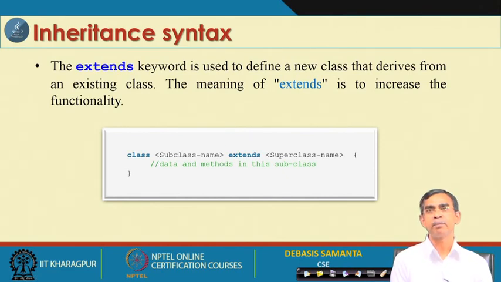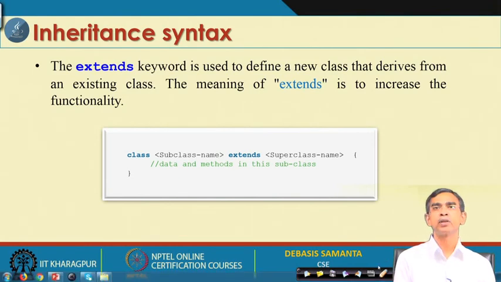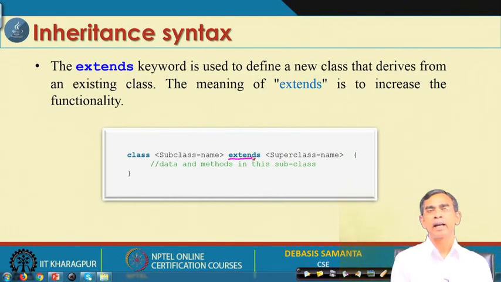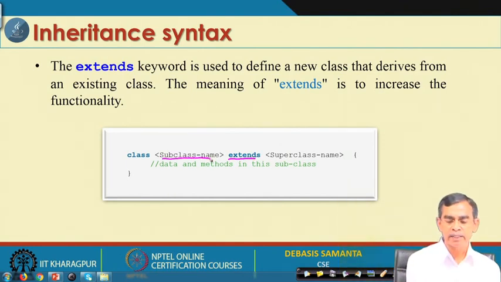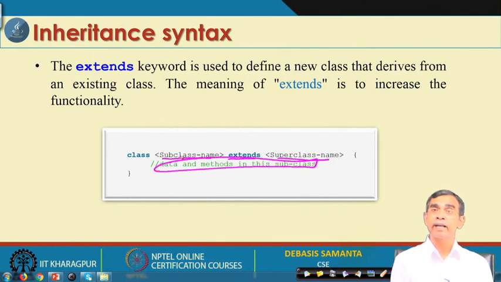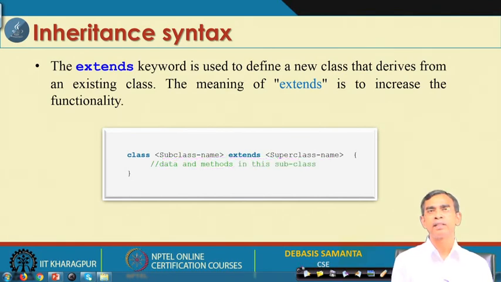There is a syntax in Java: inheritance is possible by means of one keyword called extends. Here is the name of the subclass which you want to create, and this is the name of the superclass from where you inherit, and this is the code of the subclass in addition to the methods or members in this subclass. All the code in the superclass is also accessible here. This way the idea of code reusability comes into the picture.